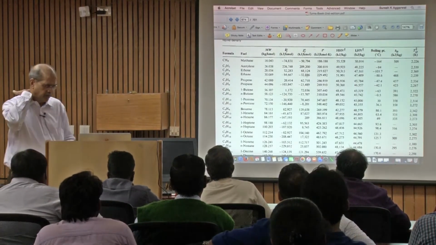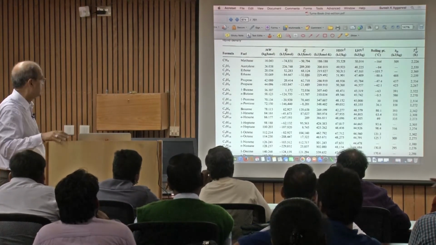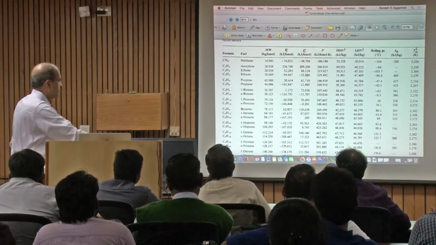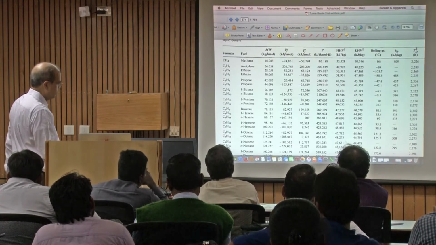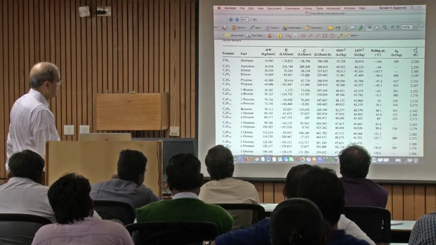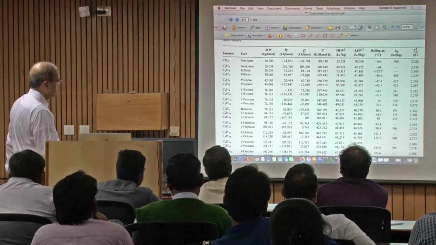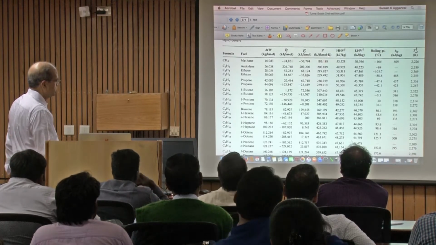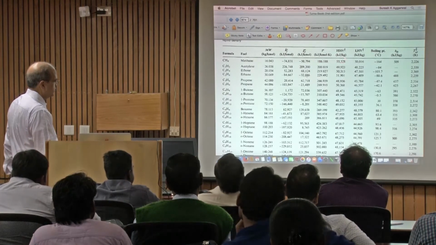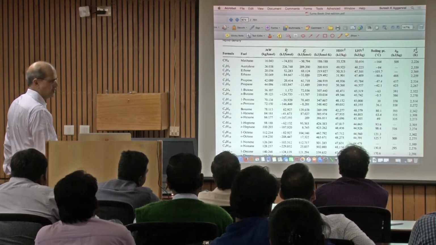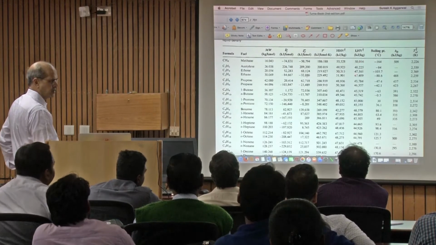Most combustion books will have these kinds of values, with the molecular weight, the enthalpy of formation, Gibbs function, and entropy. For most fuels, they provide the high heating value and the low heating value, which we discussed on the first day.